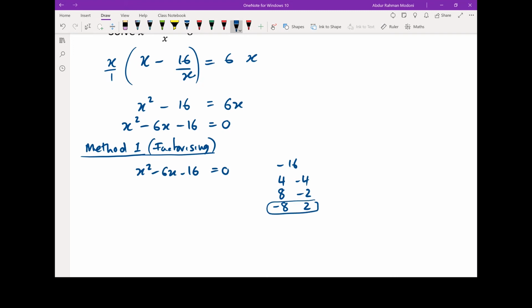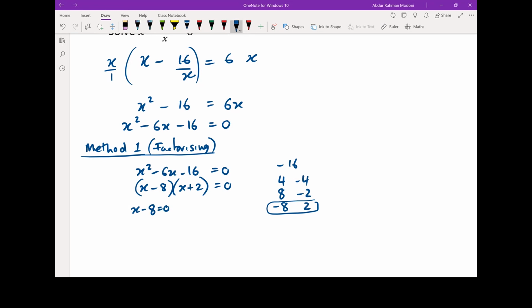So since there is no coefficient of x squared, we can simply go and factorize this quite easily. x minus 8 and x plus 2 equals 0. We've factorized it. Now both of these factors are multiplying to give us an answer of 0. So x minus 8 could be 0.